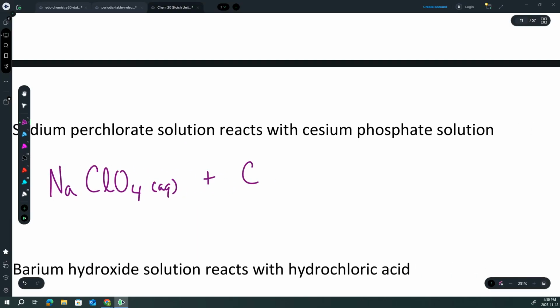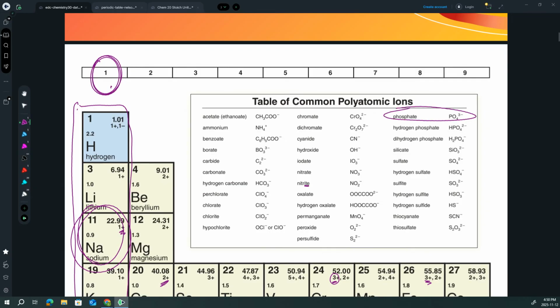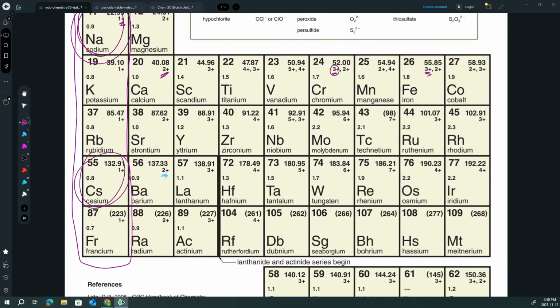Plus cesium phosphate. So phosphate likes to have a 3 minus charge. By the way, if you were wondering where phosphate was, you can find phosphate right here. And cesium is going to be right here.